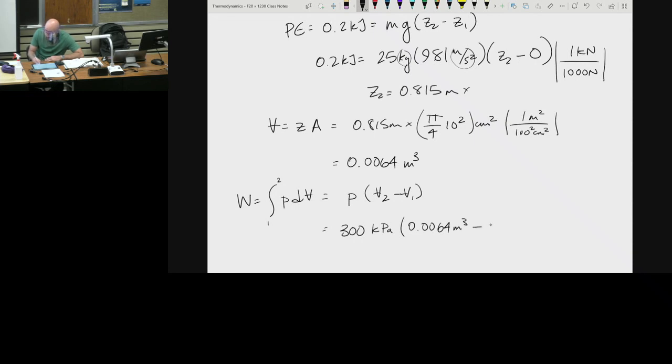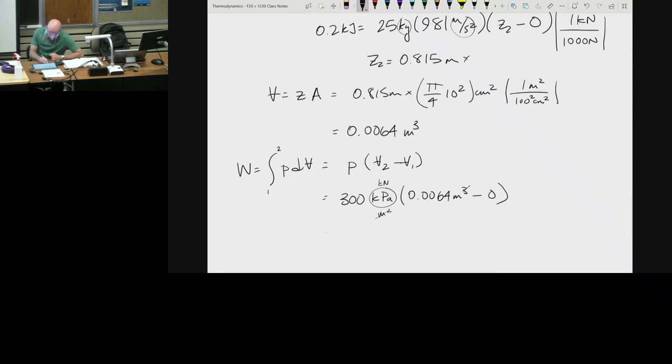We're going to consider our volume 1 to be 0, and that's going to give us our delta V. Kilopascals times meters cubed. Remember, a kilopascal is a kilonewton per meter squared. We're putting these together, and a kilonewton times a meter is going to be a kilojoule, which is exactly the units we want. And if I do that, I get 1.92 kilojoules.